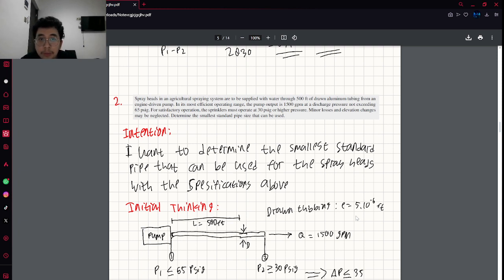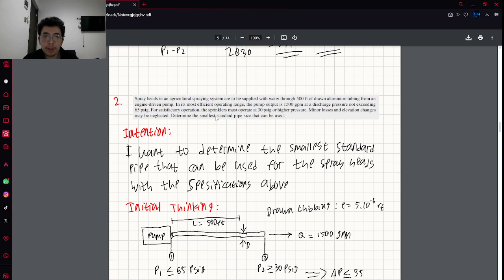And then there's this part right here, at discharge pressure not exceeding 65 psig, which means the pressure should be below or equal to 65.